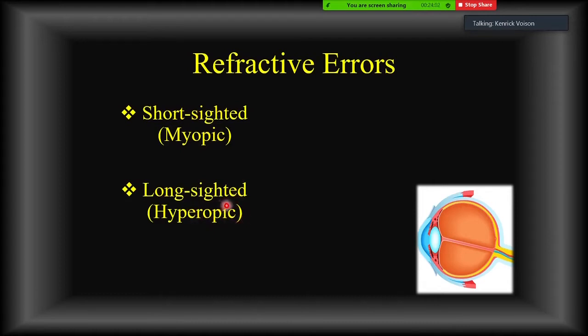Long-sightedness now, we call it hyperopia. That's the scientific word behind it, hyperopia. Hyperopia is simply when at near you have a little bit of trouble seeing, but at distance you can see pretty clearly. So near is the problem and distance is normal. And again, back to the cause, the cornea in this case would be flatter.